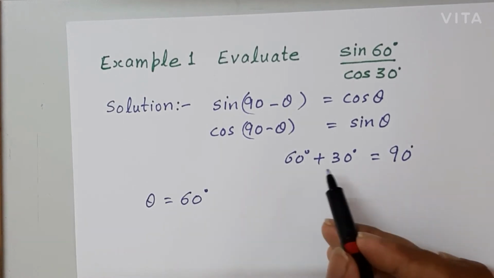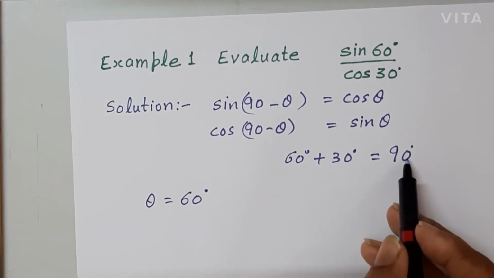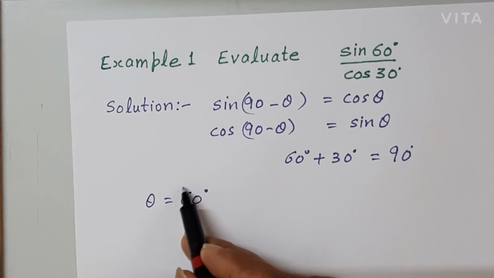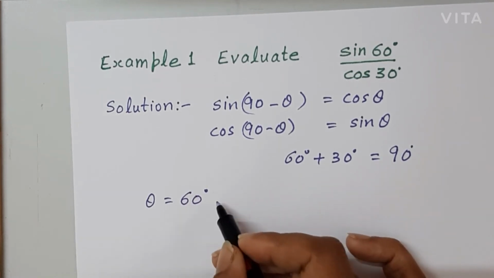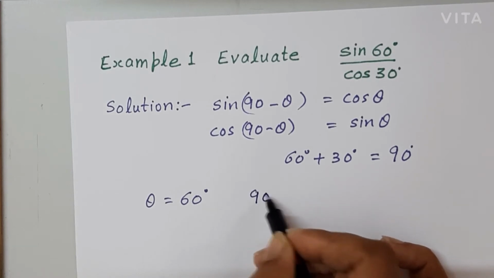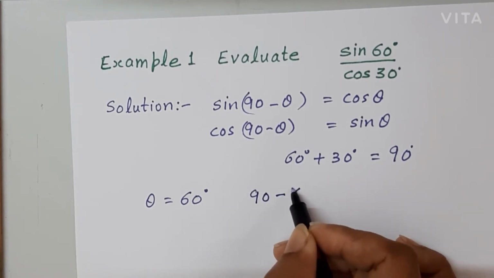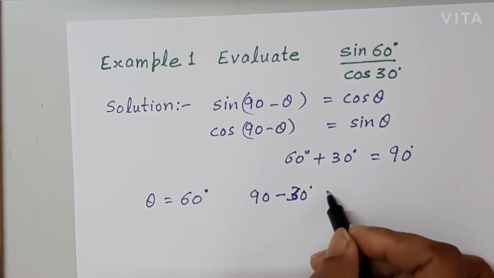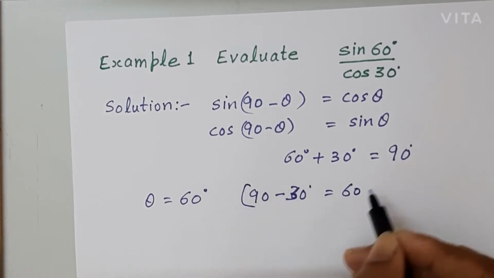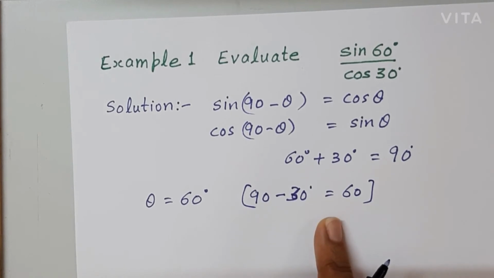Clear? Now we know that 60 plus 30 is 90. So if I want to convert 60 degree in this form, in that case I'll be writing this as 90 minus 30. So 90 minus 30 is equal to 60. Is it clear? So this is very important here now.